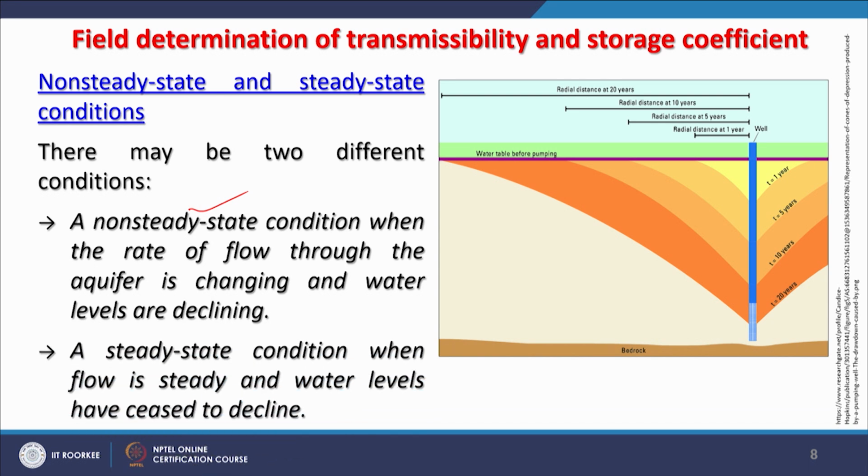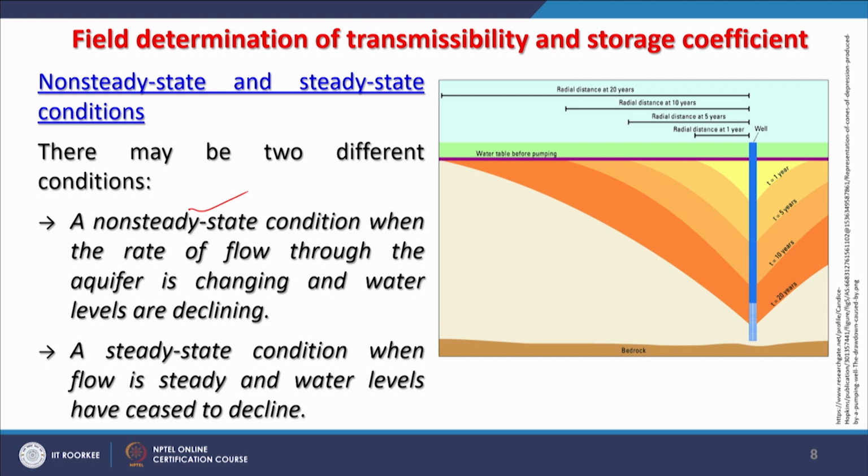Initially, in all such experiments the non-steady state is there, but in certain aquifers we can achieve steady state also. But if the withdrawal from an aquifer keeps changing and water levels are declining, then we call it non-steady state.